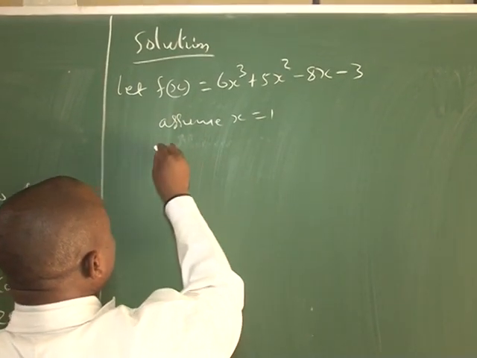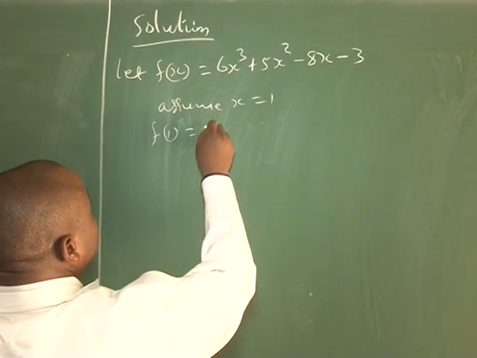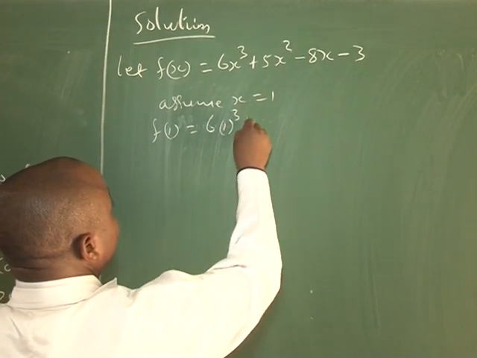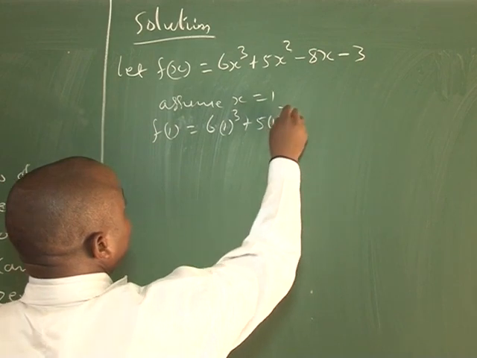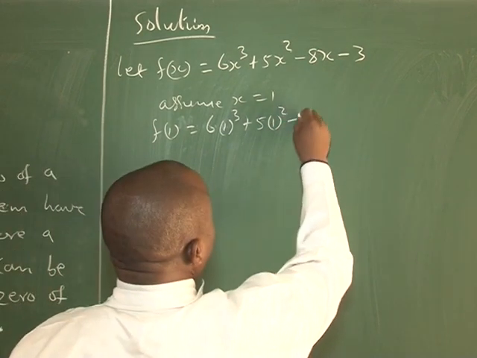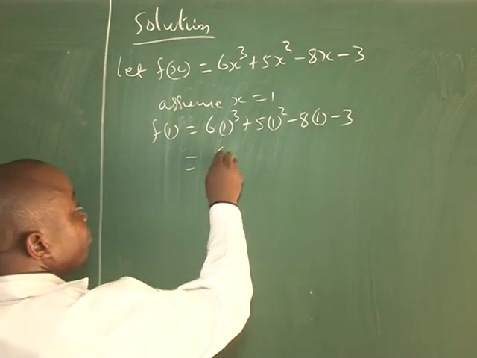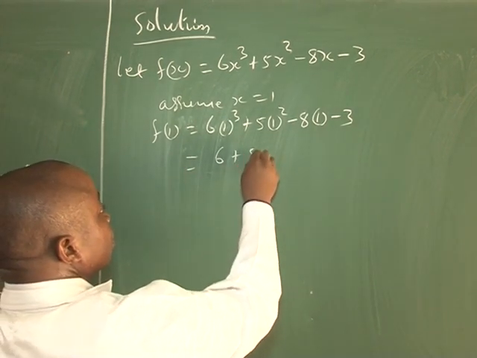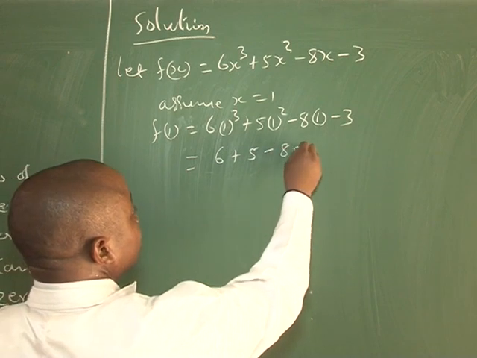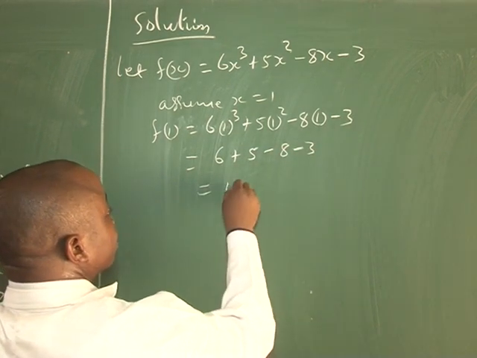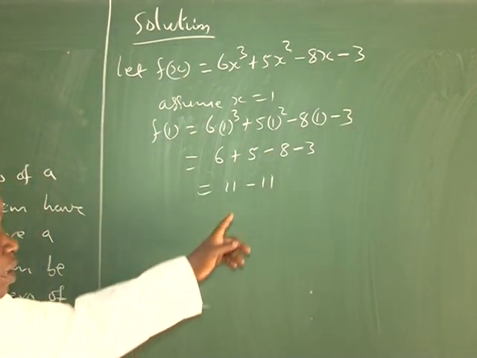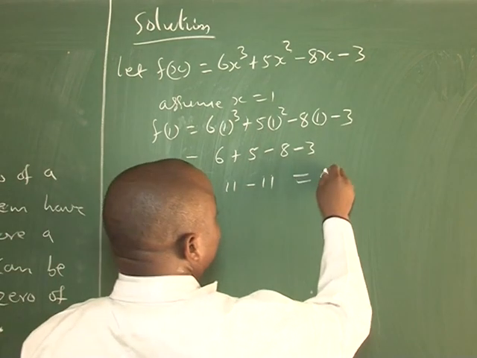Now, assume x equal 1, you have f of 1 equals 6 times 1 cubed plus 5 times 1 squared minus 8 times 1 minus 3. Here we have 6 plus 5 minus 8 minus 3. And this gives us 11 minus 11, which is 0.